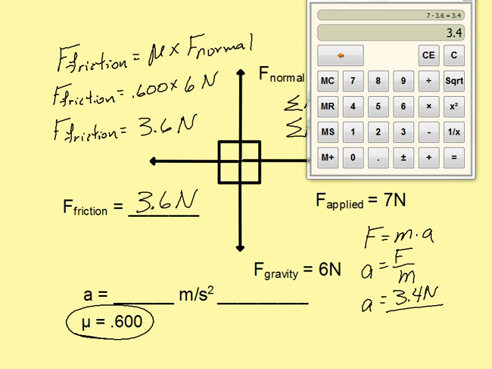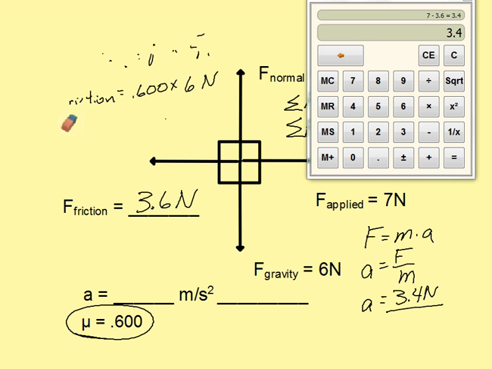I'm going to erase a little bit here so that we can work. I'll erase a little bit bigger. So if we know what the force of gravity is, then we should be able to find the mass. So F equals mass times acceleration.